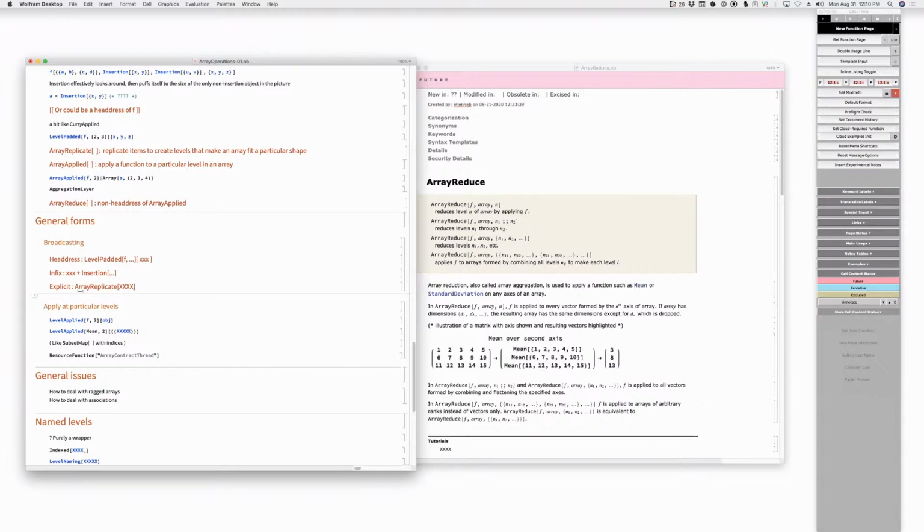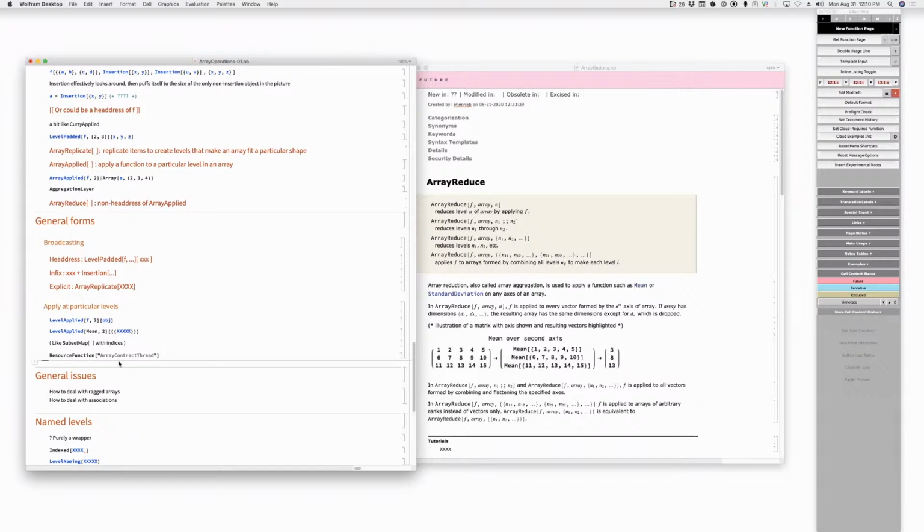I think some people were not there, probably on PTO, so the reminder can be useful as well. There are three versions: headdress, infix, explicit. And I guess there's also this idea of level applied.